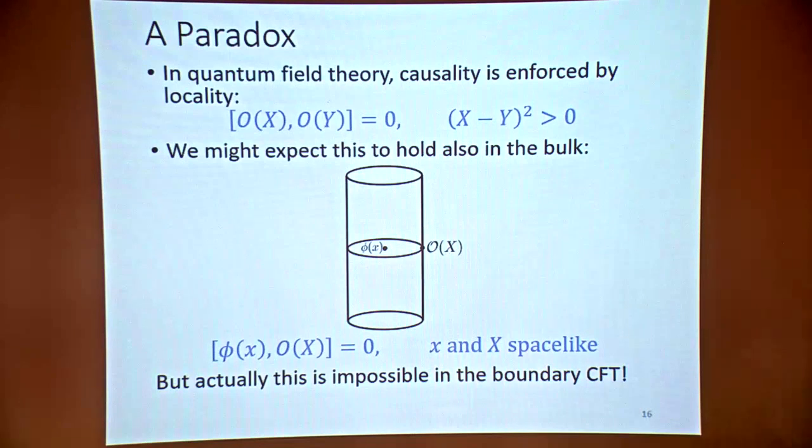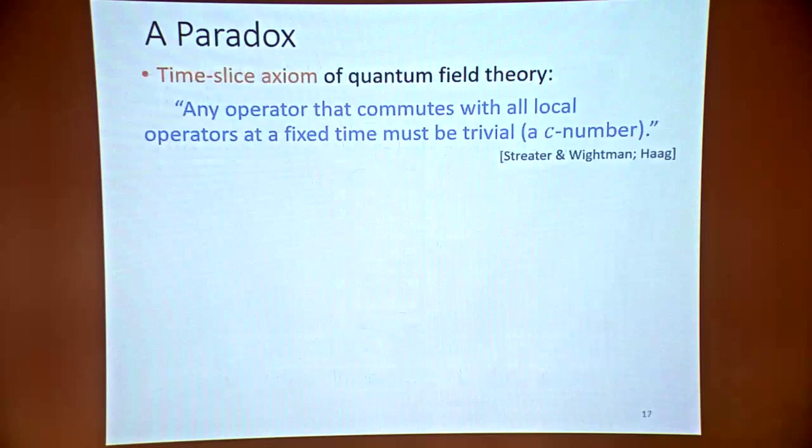But it turns out this is actually impossible in the boundary CFT. This is because any quantum field theory satisfies the so-called time slice axiom. The time slice axiom says the following. Any operator that commutes with all local operators on a fixed time slice would have to be a trivial operator. That means it's a c-number.